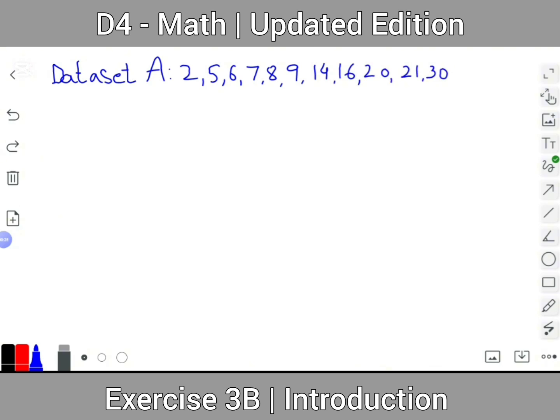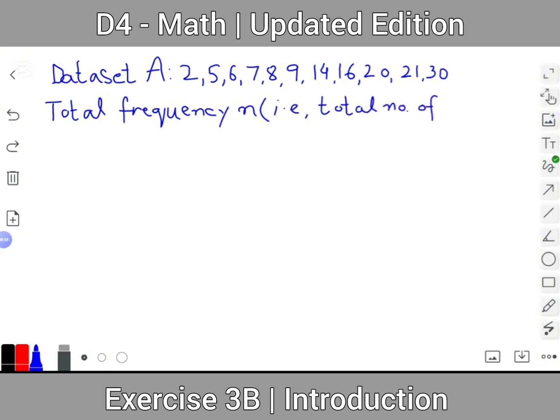The total frequency n, in other words, total number of data values, is 11.